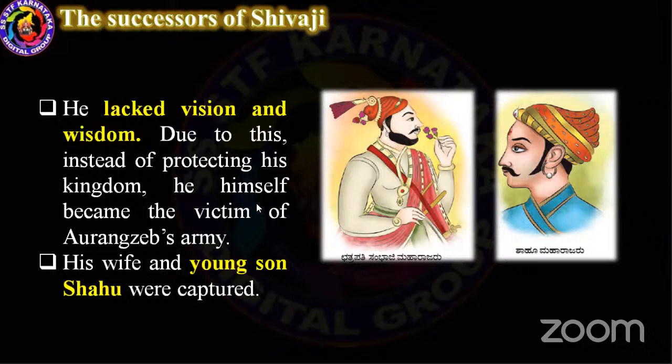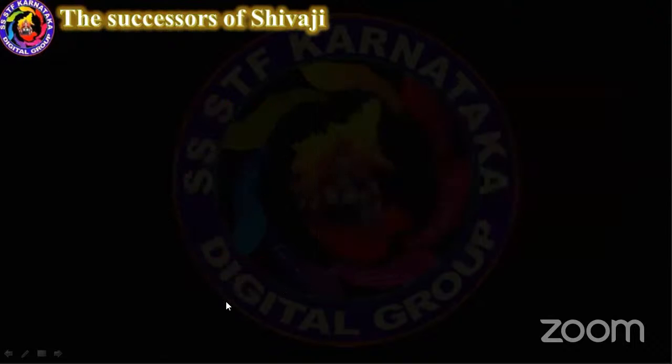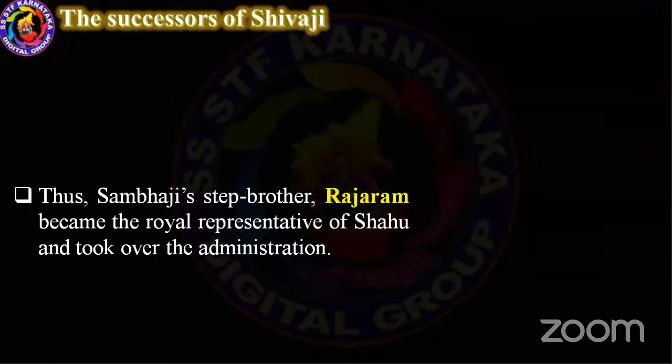Aurangzeb's army defeated the army of Sambhaji and captured his wife and his son Shahu Maharaj. Thus, Sambhaji's stepbrother Rajaram became the royal representative of Shahu and took over the administration.